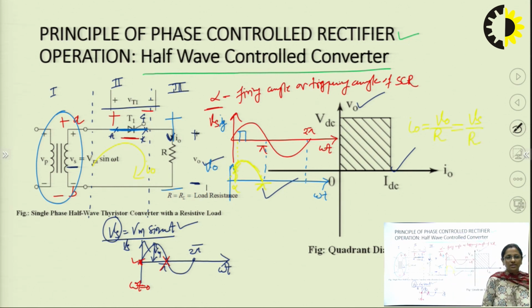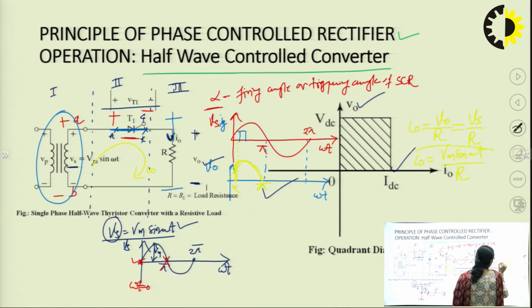Because the load voltage is nothing but the source voltage only. Assuming zero voltage drop across the conducting SCR, the output voltage is the same as the source voltage. So current I0 can be written as Vm sin omega t upon R. I hope you agree, right?